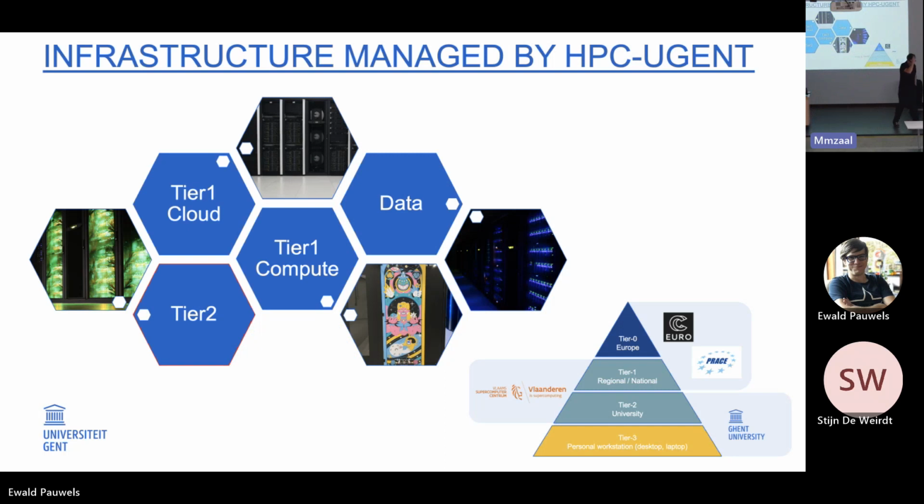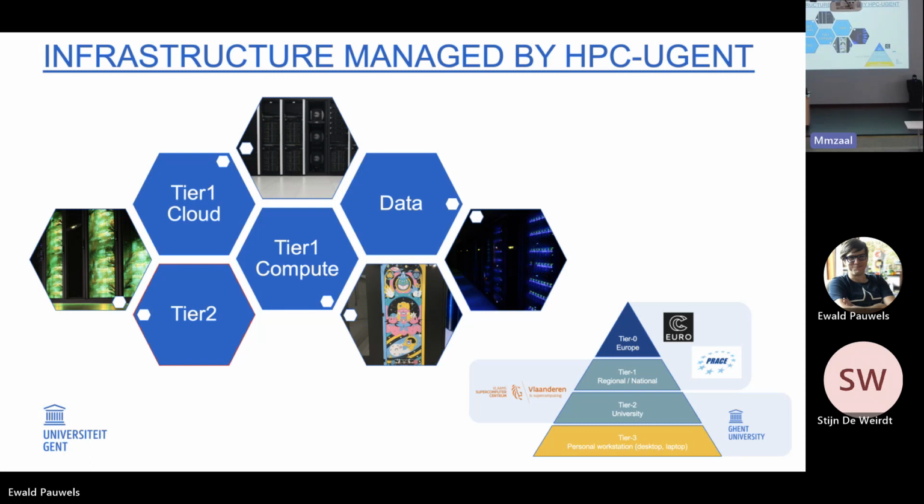So don't panic. A short overview of the infrastructure that HPC-UGent provides. A bit of theory, sorry. We have the tiering model where tier 3 is your personal laptop or the laptop of your students. Above that is the tier 2 level where the university provides centralized services for you, cluster.